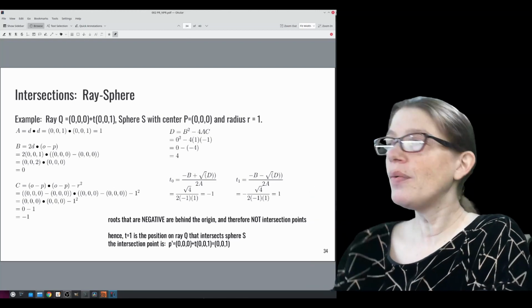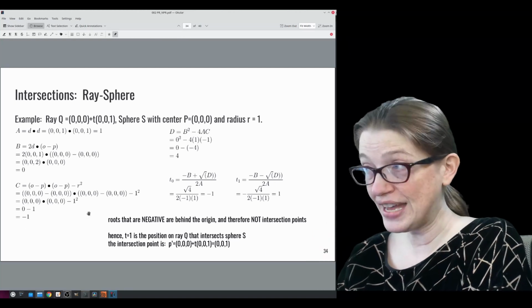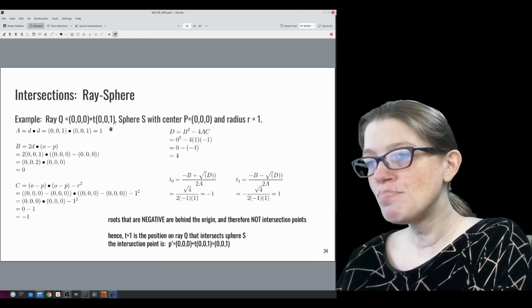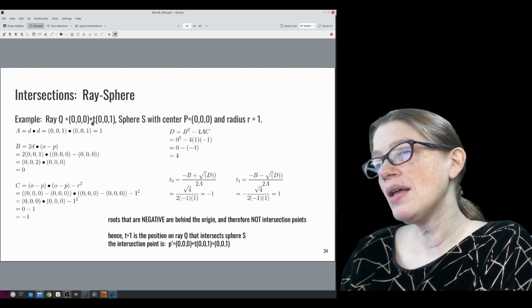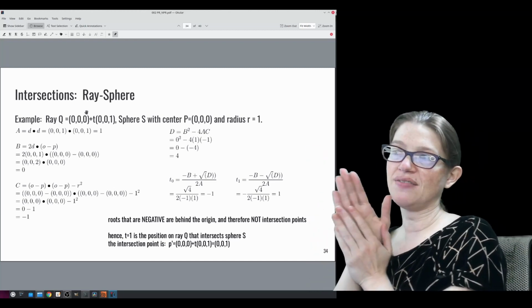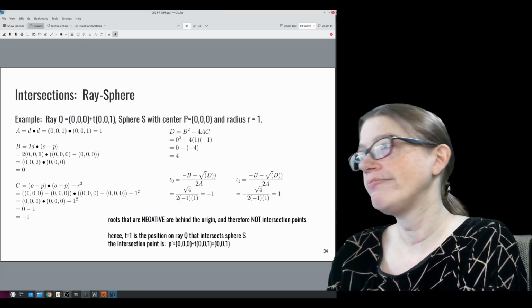Okay. So we have a little example here, and I wanted to walk you through this very quickly because I think it's important to see it. We have a ray that originates from the center and is pointing down the positive z-axis. So it's coming out of the screen and into your face, because why not?